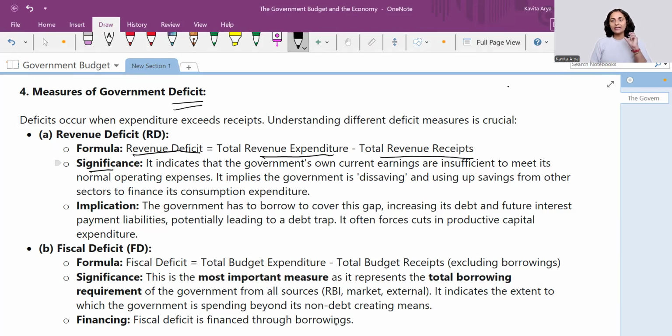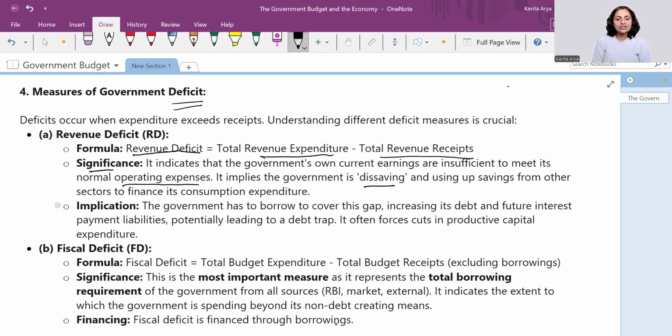So what's the significance? The moment we get to know that government is suffering a revenue deficit, it means there is some problem. The normal operating expenses are not getting matched with the incomes. It means government is dis-saving. What do you mean by the term dis-saving? Because it has to carry on, right? So it's meeting its expenses through some other previous savings or borrowing, right?